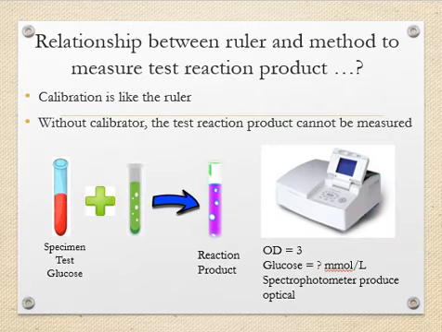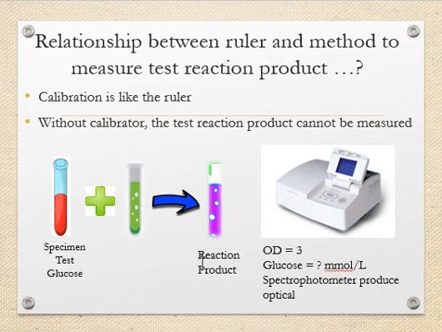So, go back to our case. To measure the analyte, the calibrator is like the ruler. Without a calibrator, the test reaction product cannot be measured. So, in this slide, we have a specimen with the analyte of interest, glucose. We react it with a chemical, which produces a chemical reaction product.